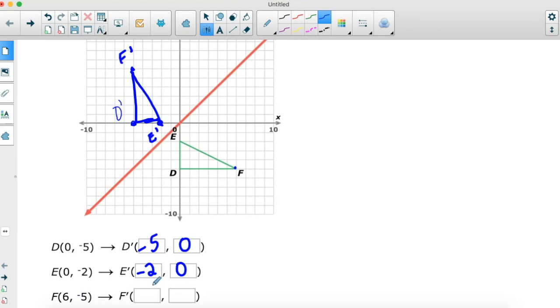And then F prime is right here. So I'm going to count 1, 2, 3, 4, 5. This is -5. And then, of course, going up, it would be 1, 2, 3, 4, 5, 6 spaces. Okay, so it's at -5 and 6.